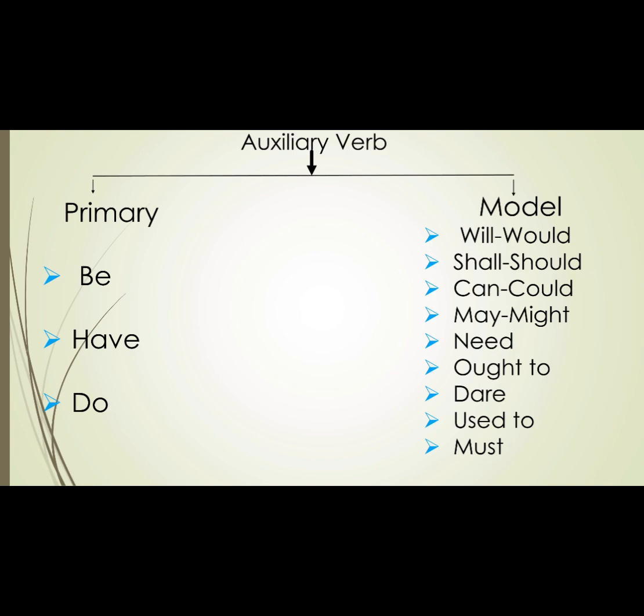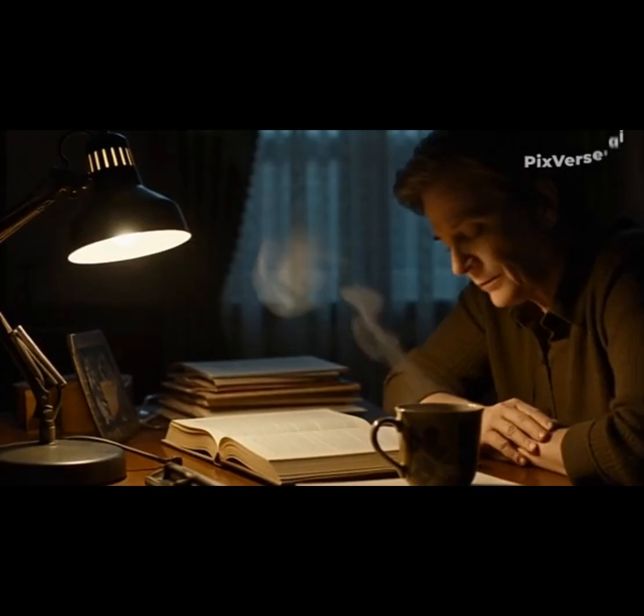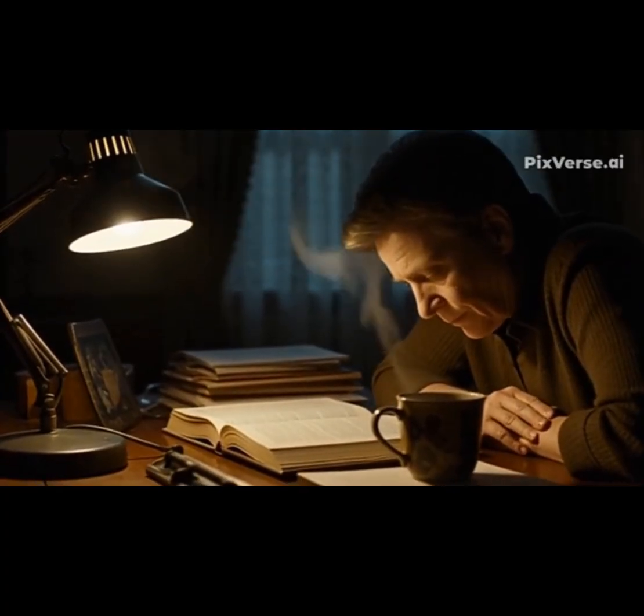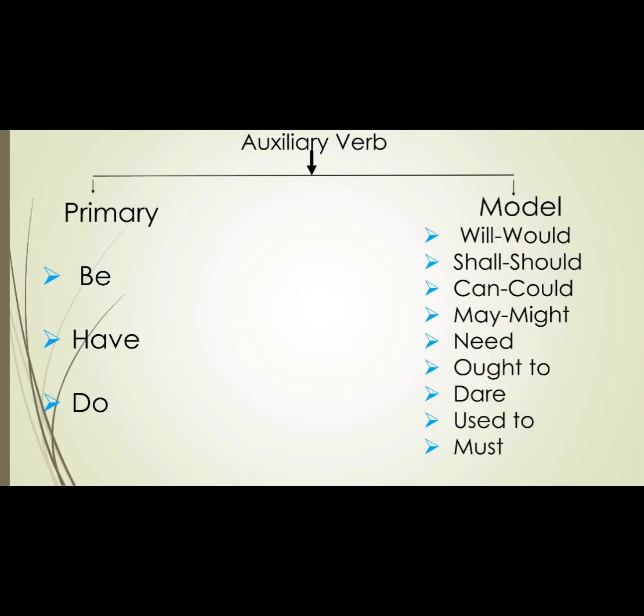Now, we'll know about modal verbs. What are modal verbs? Modal verbs are also called special verbs because they give special meaning. Now you must be thinking, what kind of special meanings? Like sudden decision, permission, request, obligation, ability, wish, advice, necessity, recommendation, promise, offer, determination, willingness, and so on.